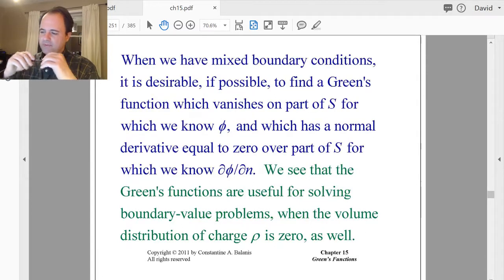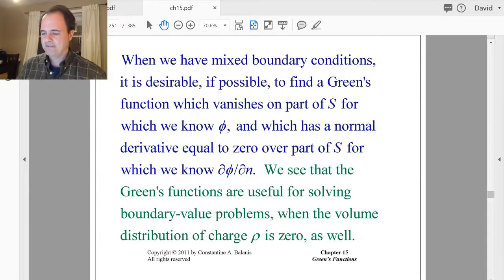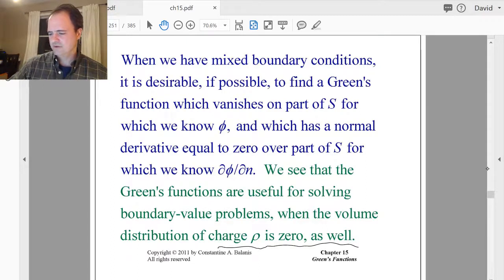When we have mixed boundary conditions, it is desirable, if possible, to find the Green's function which vanishes on part of S, for which we know phi, and which has a normal derivative equal to 0 over part of S, for which we know d phi dn. We will see that the Green's functions are useful for solving boundary value problems when the volume distribution of charge rho is 0 as well.